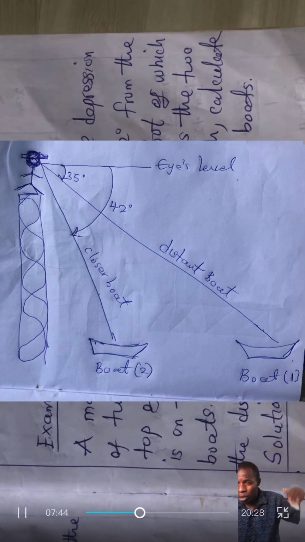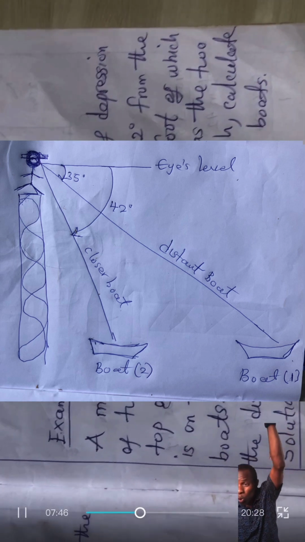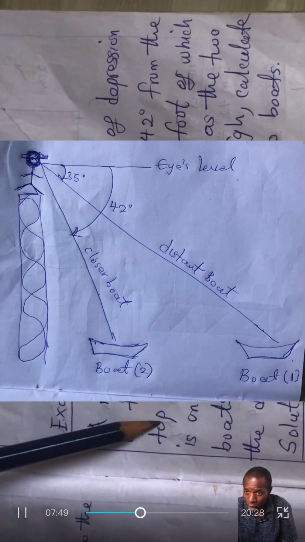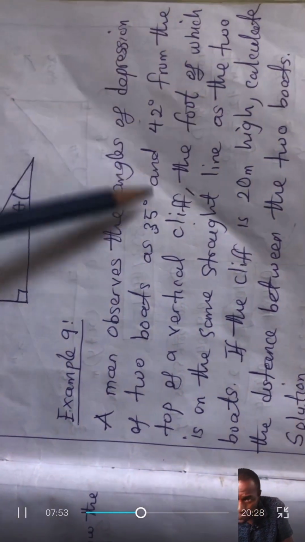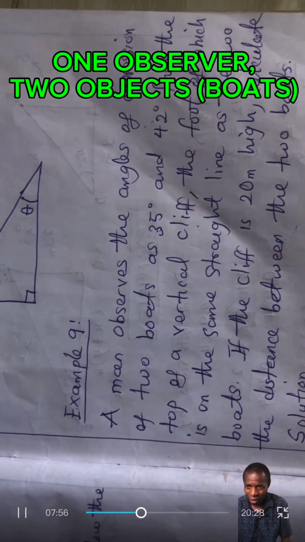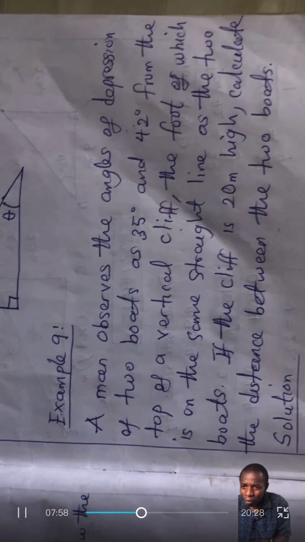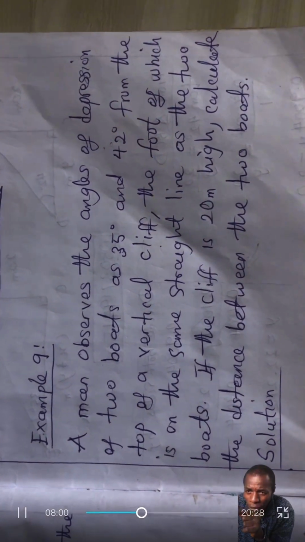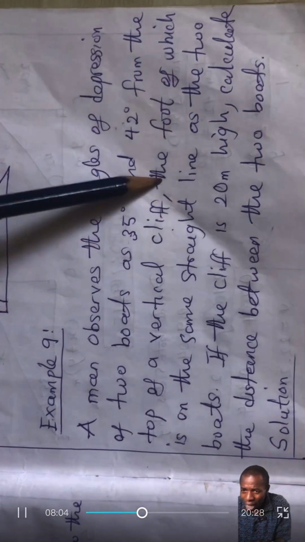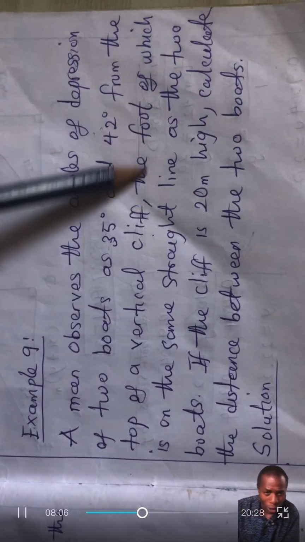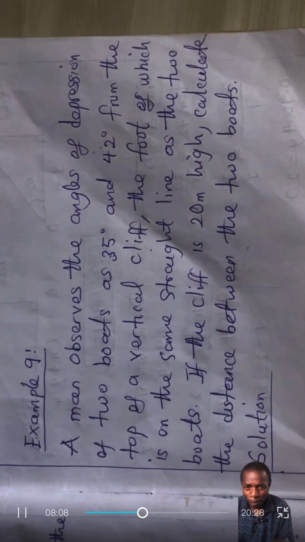So he's somewhere at the top of the cliff looking down at two boats, and we have the two angles of depression. So one observer, two objects. Do you understand that now? So now they said the foot of the cliff is on the same straight line as the two boats. It means they are what? On the same horizontal plane.